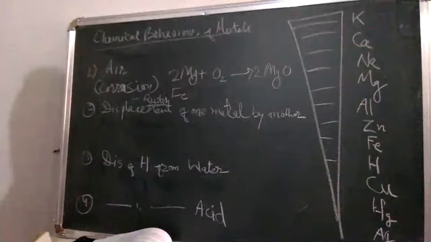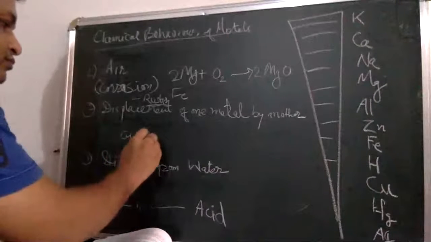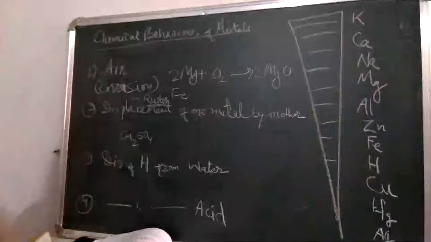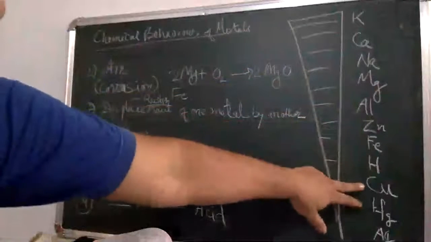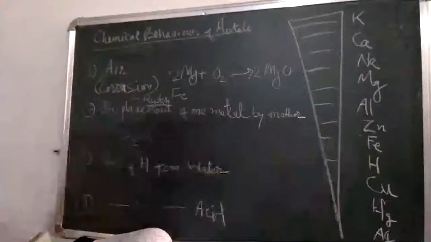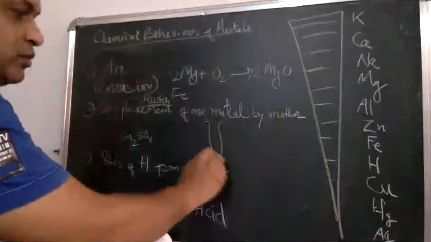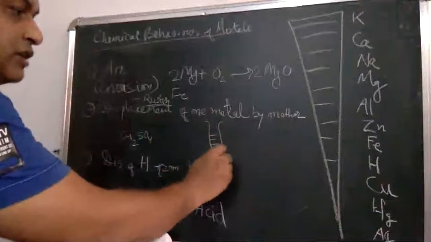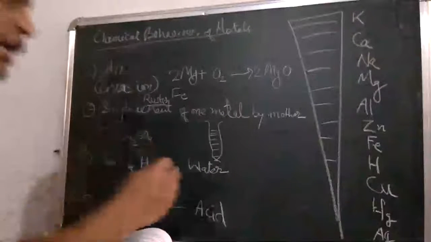Suppose you have copper sulfate. If you see the activity series, copper is less active than iron. So you can do one practical also. Take a test tube, keep the copper sulfate liquid in it, and put a nail of iron.